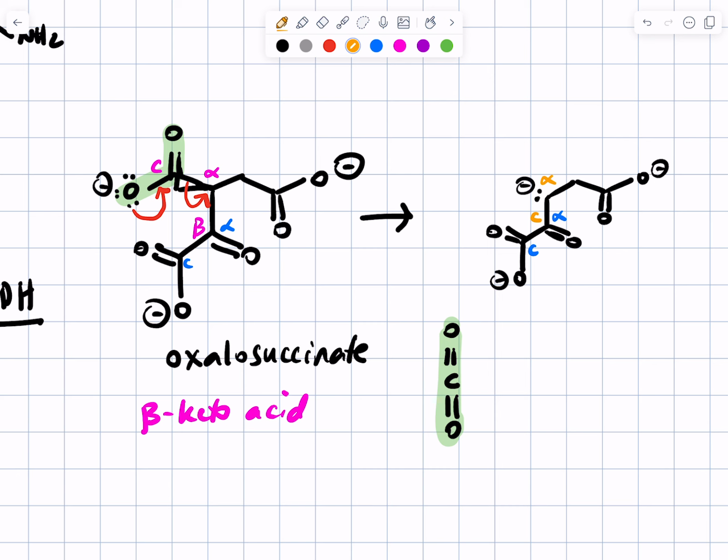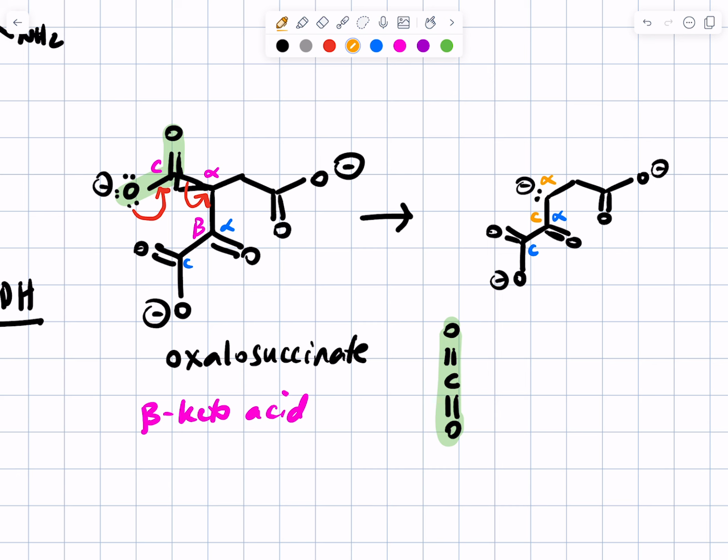So that's going to be step, let's see, we need a new page. Sure, that'll work. That's going to be step 6. So step 6, we will not draw the mechanism out because it's going to follow in all essential details the same mechanism as we saw for the pyruvate dehydrogenase complex.